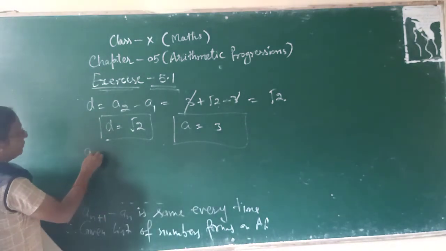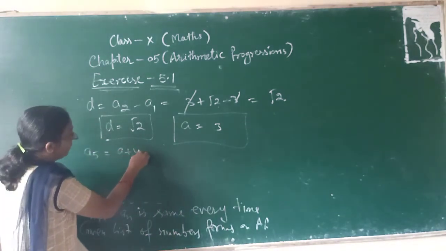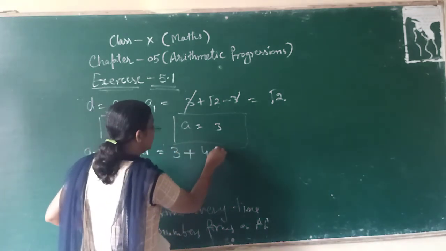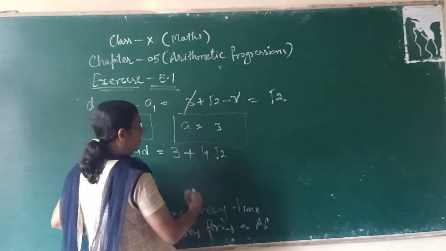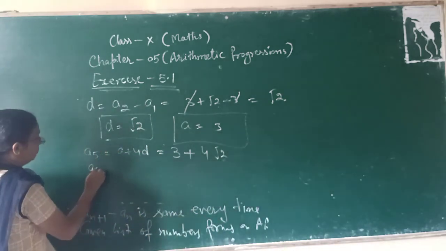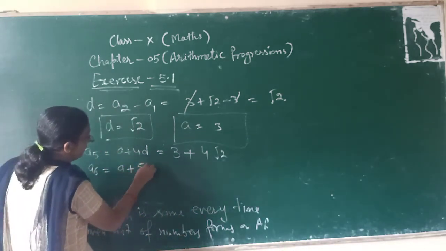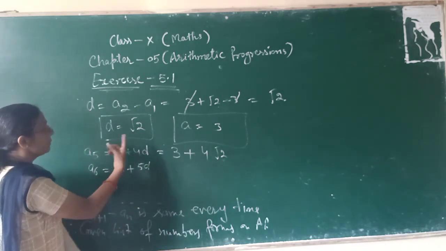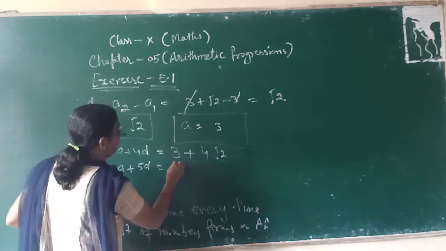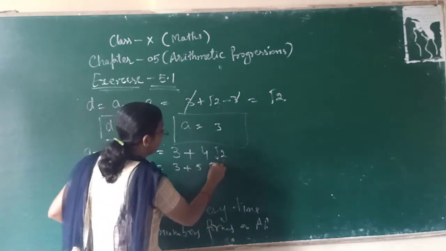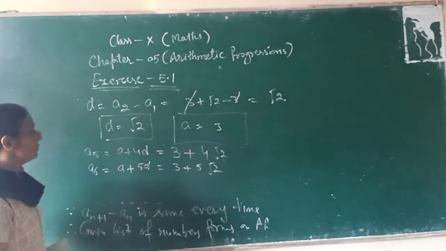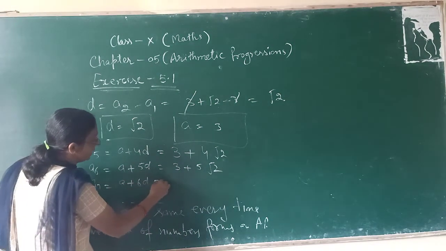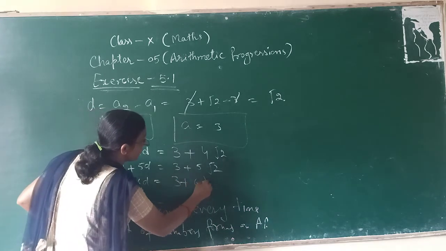Now we find A5. That is A plus 4d. A is 3, 4 times d, and d is root 2, so this is the answer for A5. A6 is A plus 5d. This was already explained to you: if there are 5, then we have 4; if 6, then the coefficient of d will be 1 less. So 3 plus 5 root 2. After this we cannot add further. Now A7, that is A plus 6d, that is 3 plus 6 root 2.